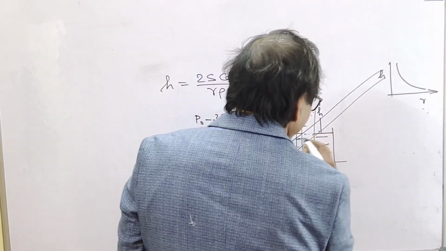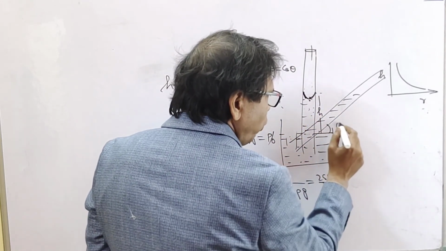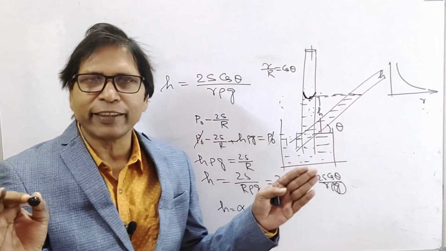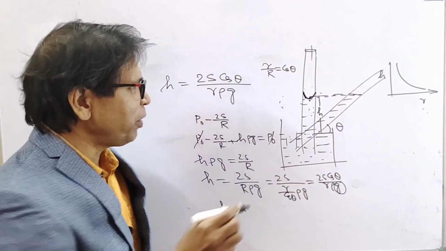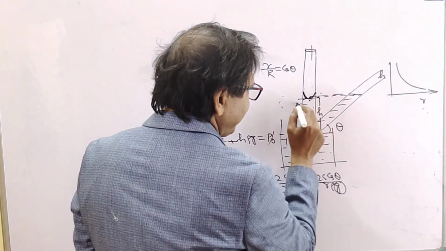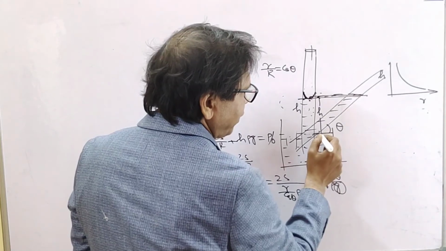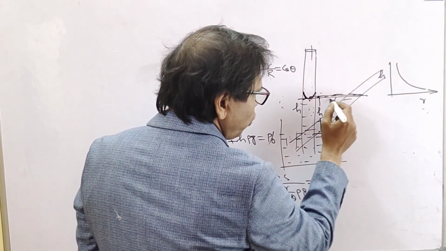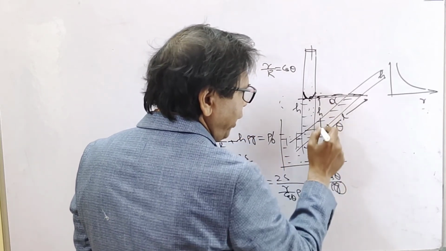Okay. Now what happens if the capillary tube is inclined by an angle theta with the horizontal? In this case, the height of the liquid column in the capillary tube remains the same. Look at this, here this is the height h, so the height remains the same. If this is theta, this is also theta. So look at this, this is the length L, this is the height h.